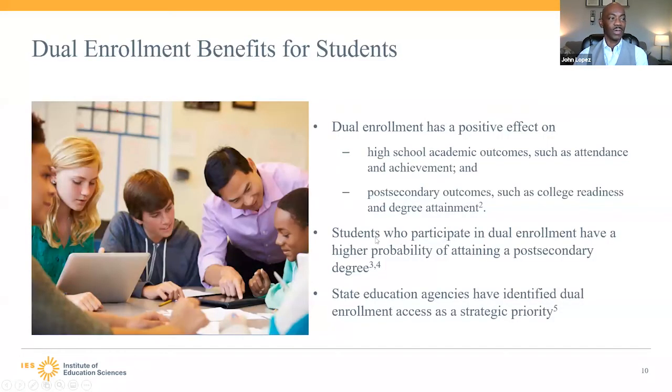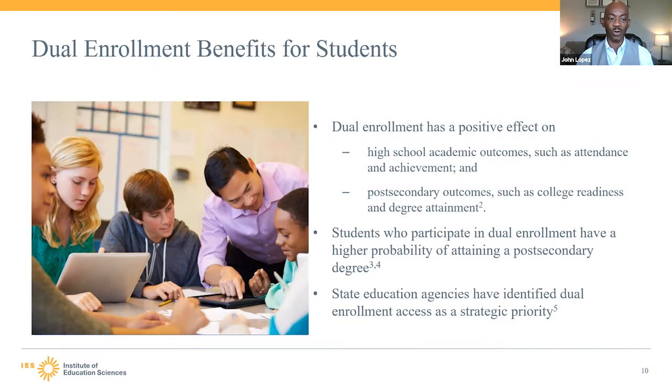And here, we want to talk about the benefits of dual enrollment for students. You see them there. I think much of this is supported by, well, it's all supported by the research. I think we all know much of this is not uncommon to those of us in this area, in terms of positive effects on high school academic outcomes and post-secondary outcomes.